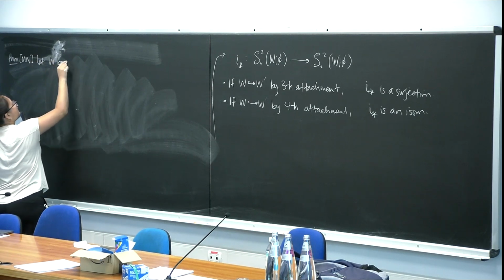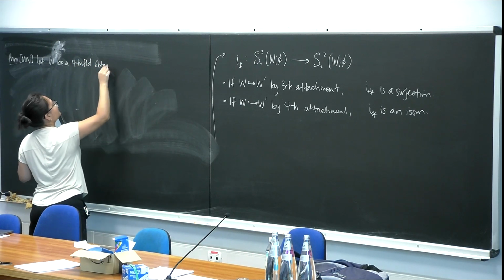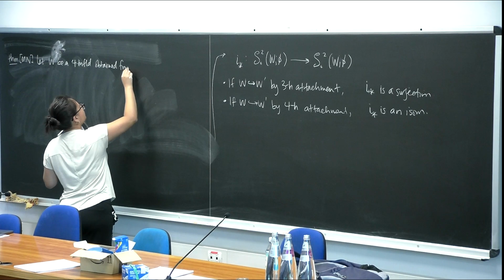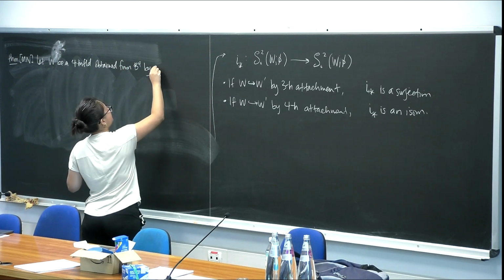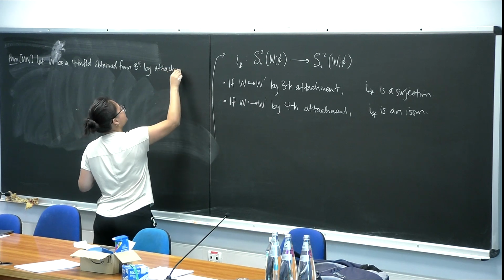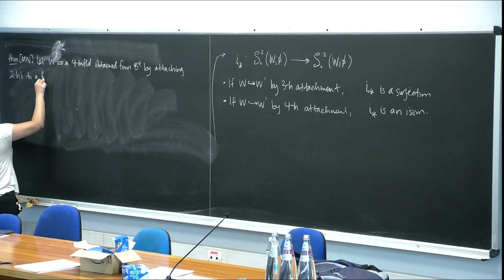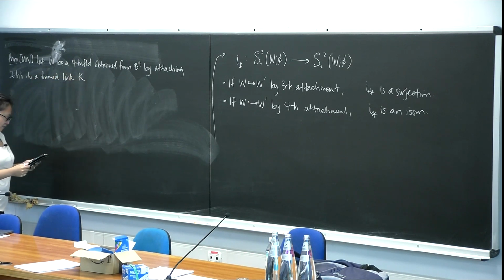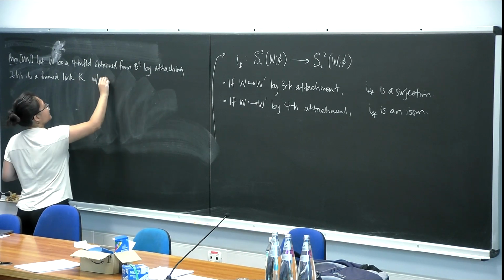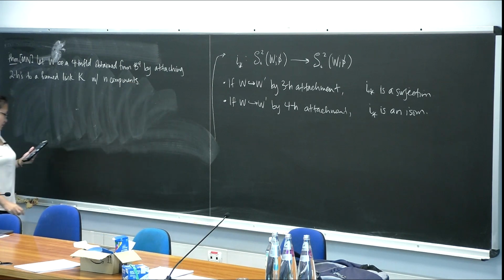Let W be a 4-manifold obtained from B^4 by attaching 2-handles to a framed link K. Let's say it has n components.